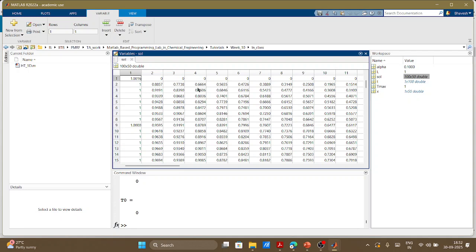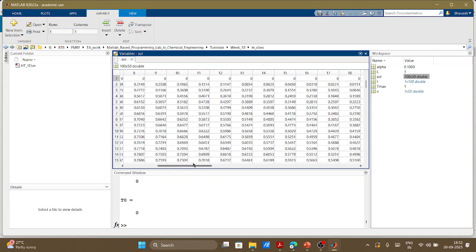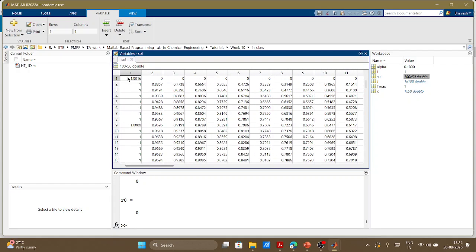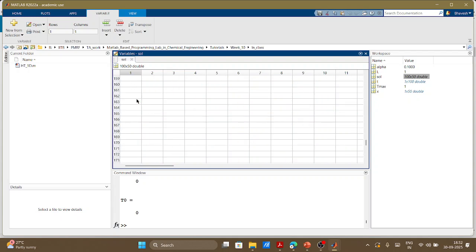So initially all the temperature is 0, 0, 0, and then at t equal to 0, you suddenly increase the temperature of your left boundary, right? So it should be at 1. Is it true?